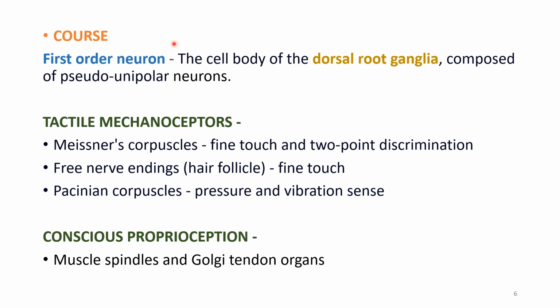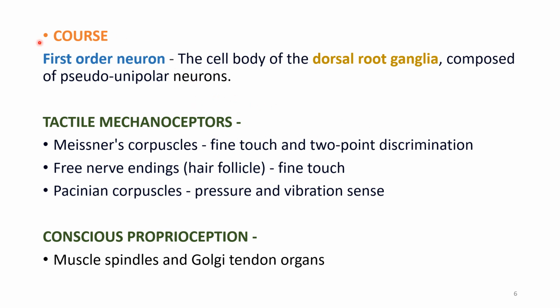So coming to its course. So the first order neuron lies in the cell body of the dorsal root ganglia and it is pseudo-unipolar neuron. So the dorsal root ganglia and its neuron, it is an example of pseudo-unipolar neuron.